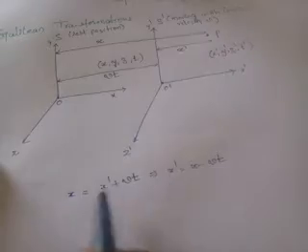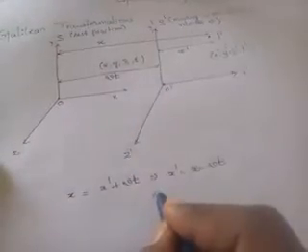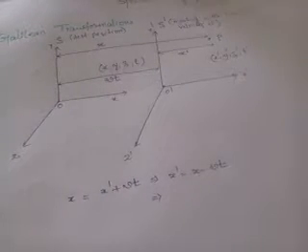Now x dash can be written as x minus vt, and here the reference S dash frame is moving with constant velocity along the x direction only. There is no motion along the y direction or z direction.